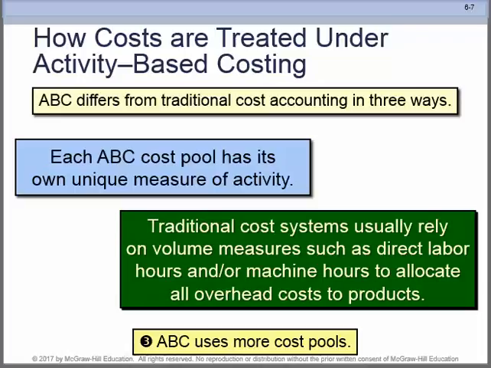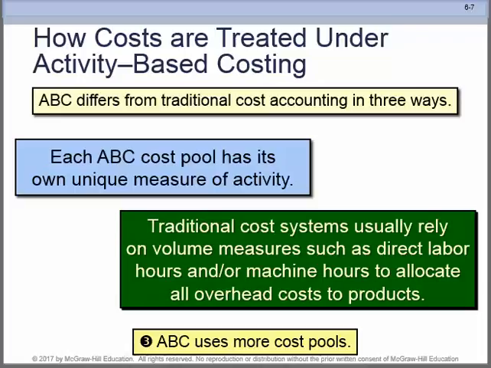So direct labor and machine hours work correctly when changes in the quantity of the base are correlated with changes in the overhead costs being assigned to the base. Remember that whole discussion of high-low method and least squares regression. This is where we were looking to see if there was a correlation between the cost and the base.